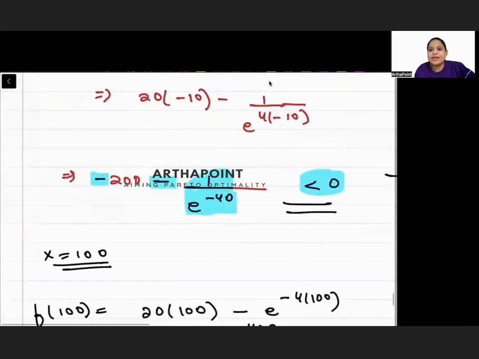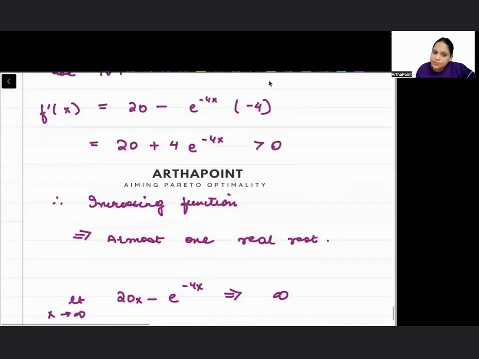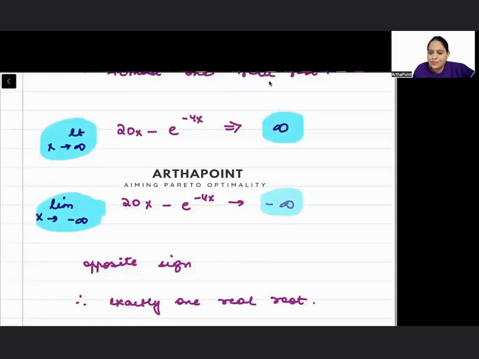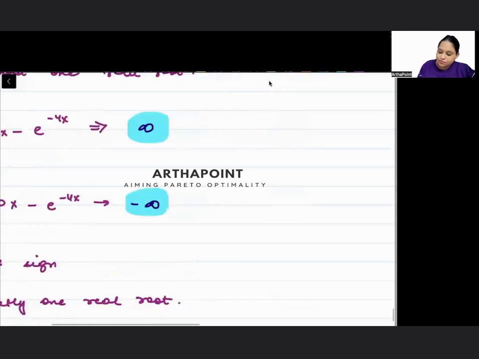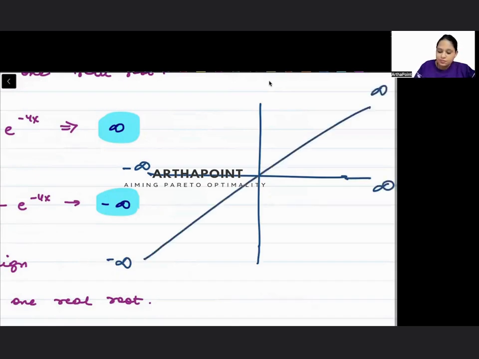The same thing can be done when you just take infinity and minus infinity. So what we have done is we see that at infinity the function approaches infinity, at minus infinity it approaches minus infinity. So when x is minus infinity, then the function approaches minus infinity. When x is infinity, function approaches infinity.